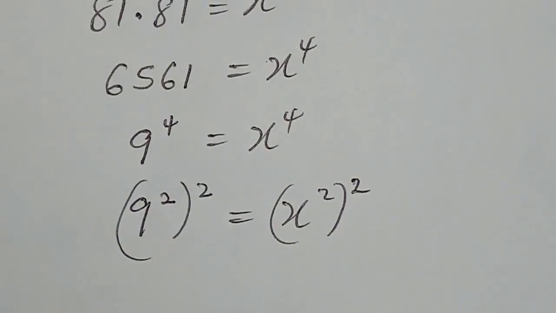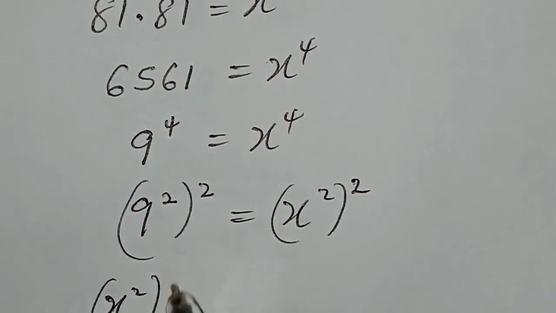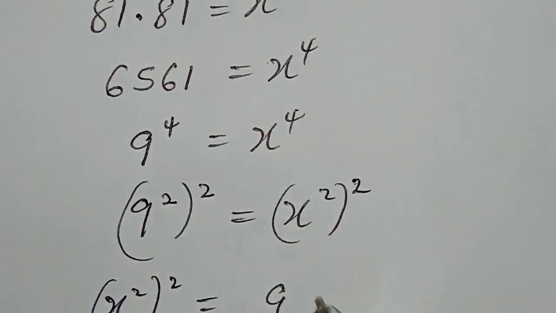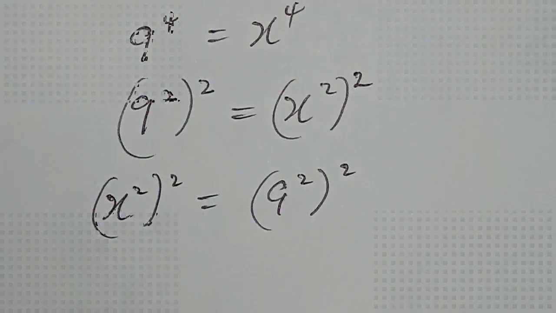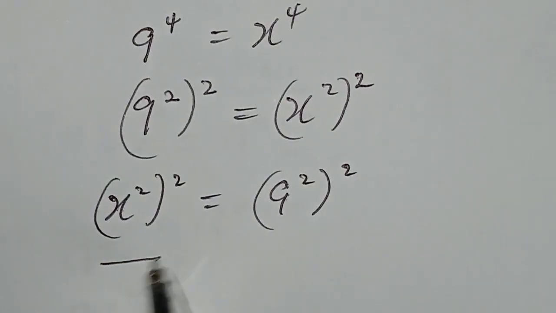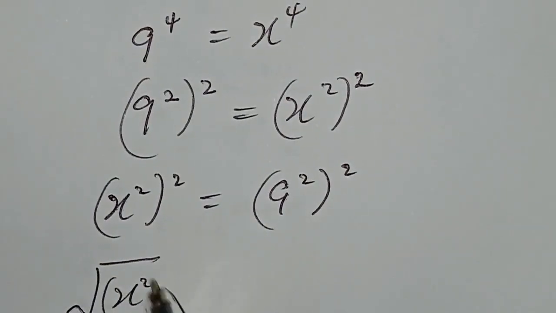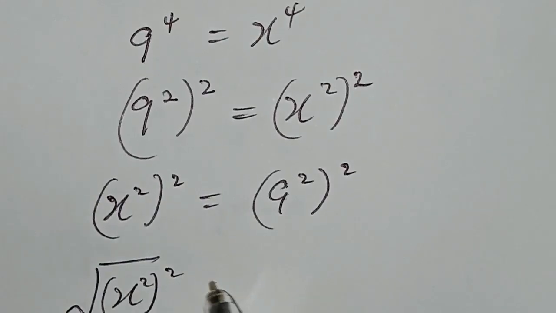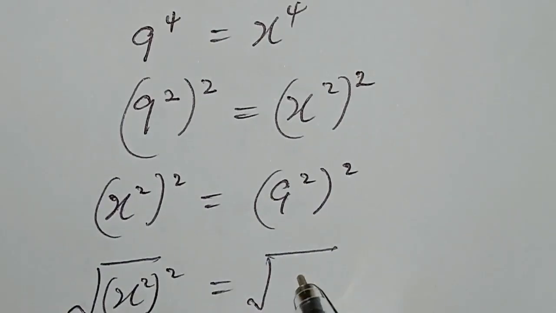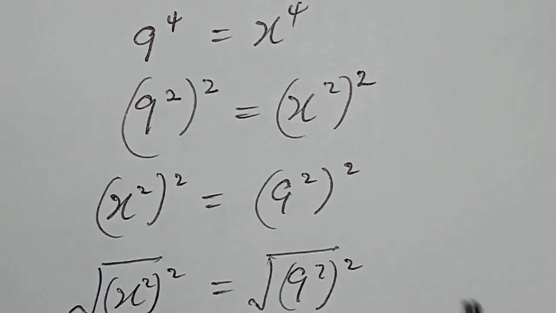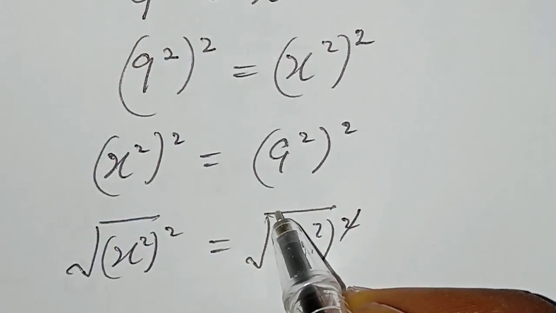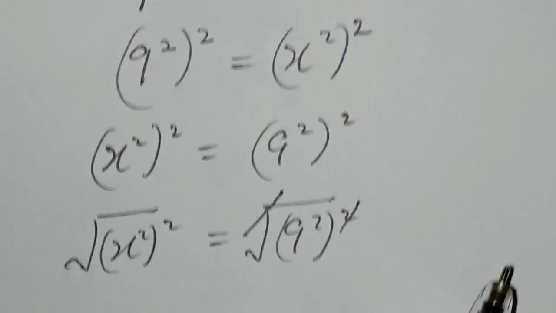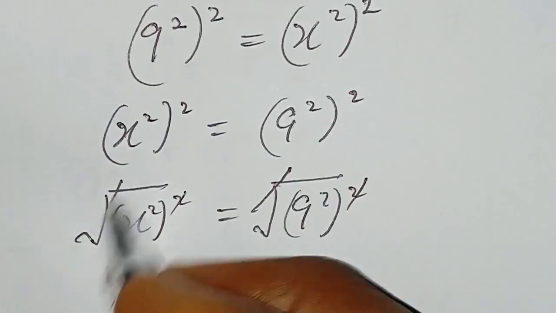We can as well rewrite this as x squared, in brackets, squared, equal to 9 squared, in brackets, squared. Taking the square root of both sides, this cancels out with this, and this cancels out with this.